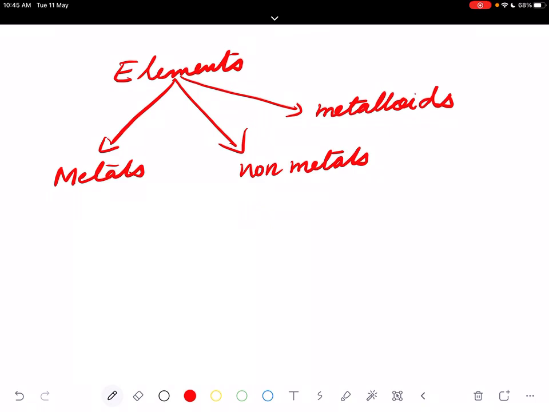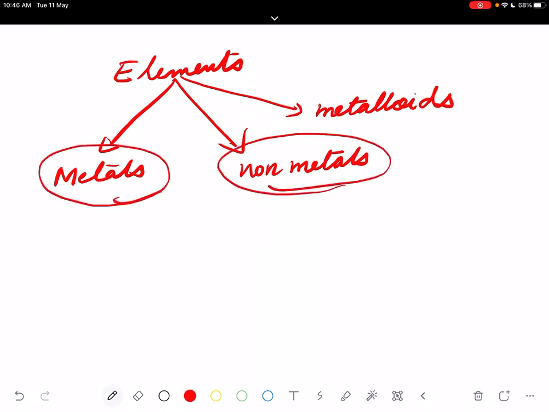So, metalloids possess the qualities of metals as well as nonmetals. Elements which show properties in between metals and nonmetals are called metalloids.